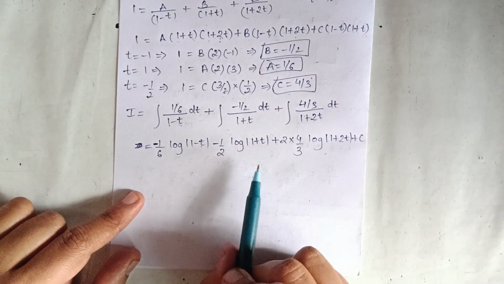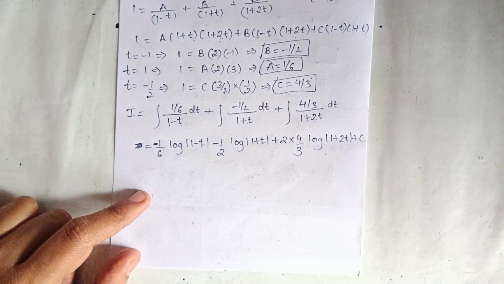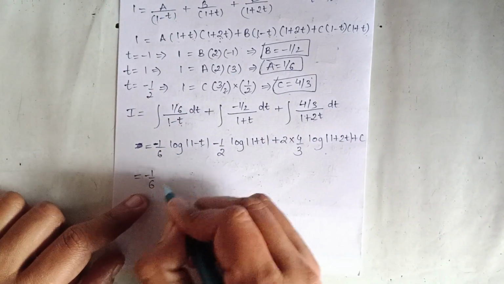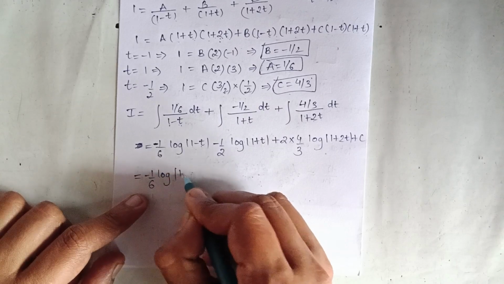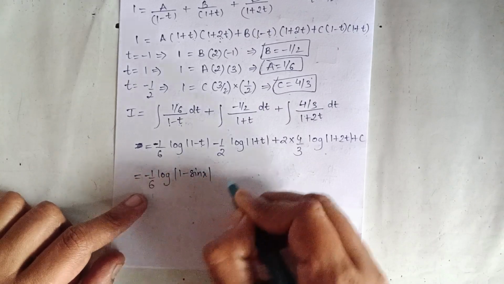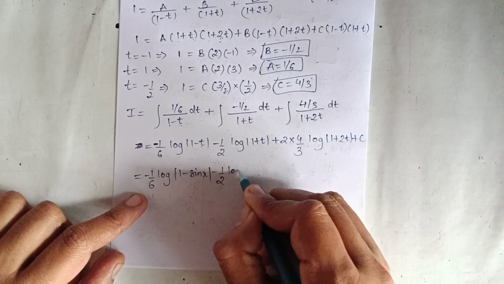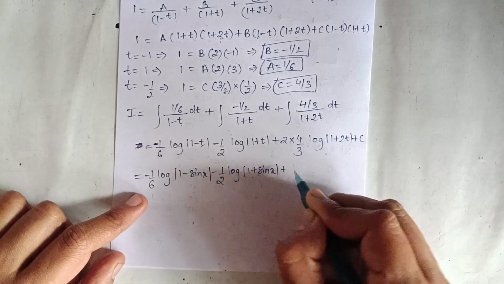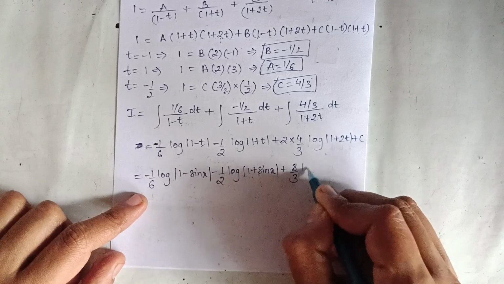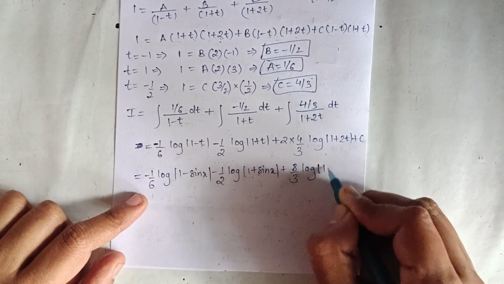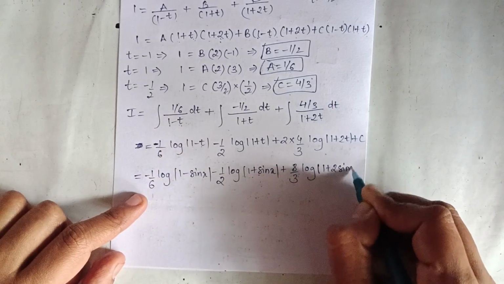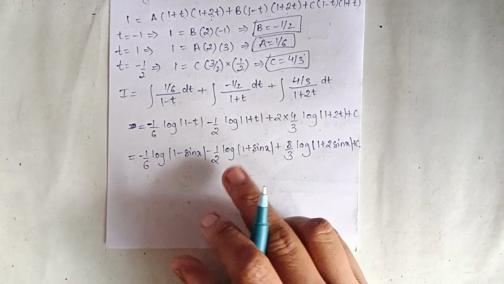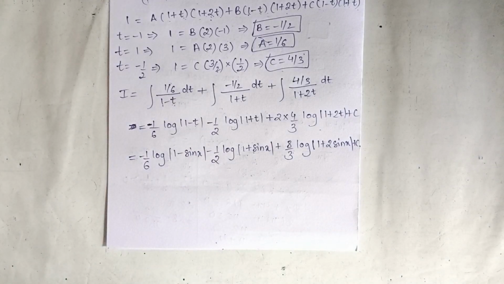Now you have to put t which we had substituted. t is sine x. So 1 minus sine x, 1 plus sine x, 1 plus 2 sine x, plus C. Okay. So this is the last answer.